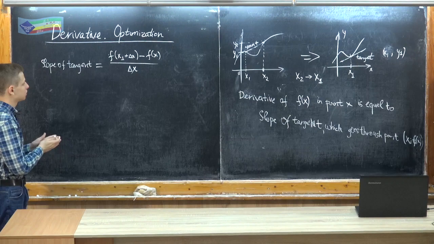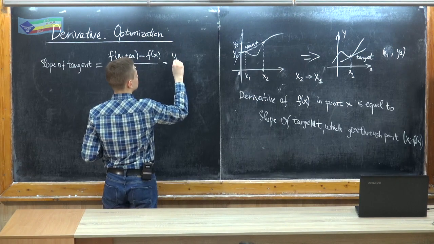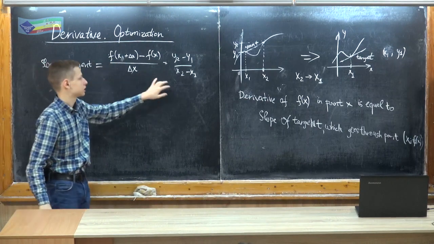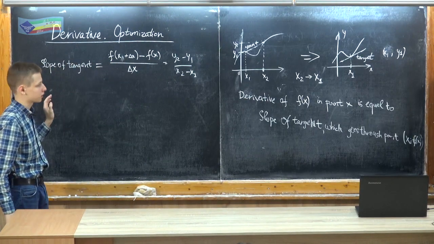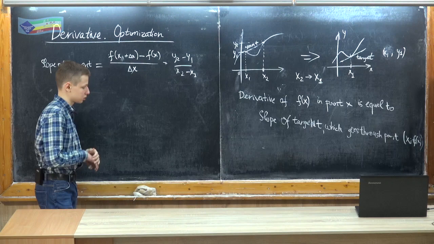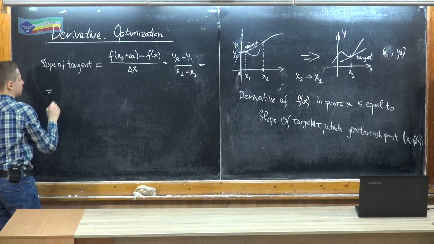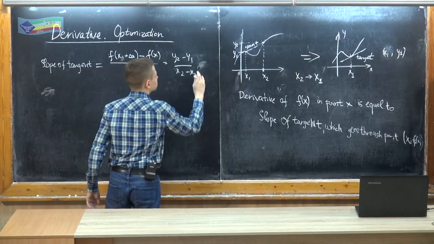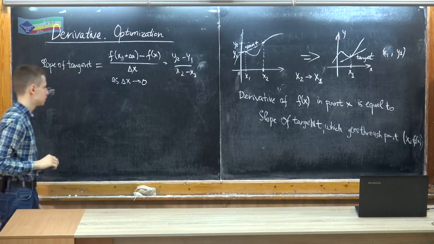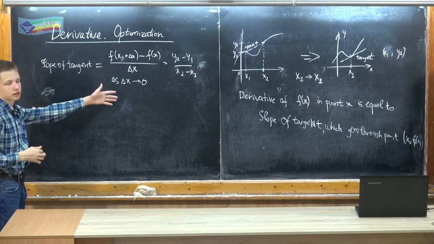It's the same as the previous one; these two expressions have the same meaning, but I just rewrote it because this form is actually simpler to understand. And we remember that delta x is getting closer to 0. How to represent this?